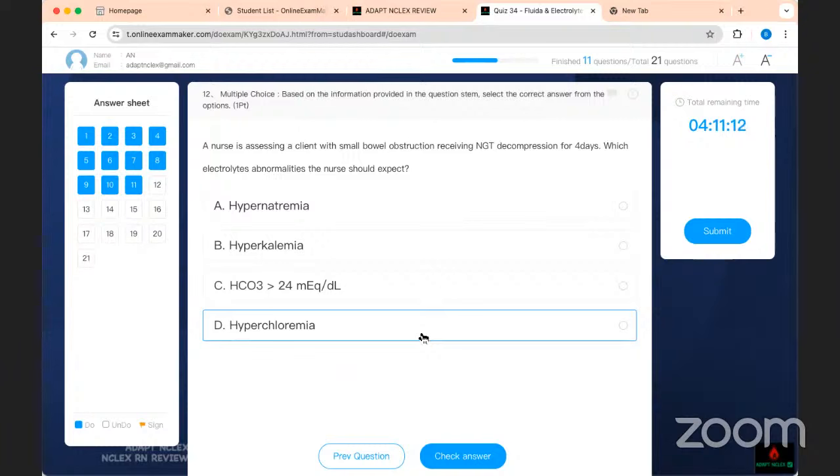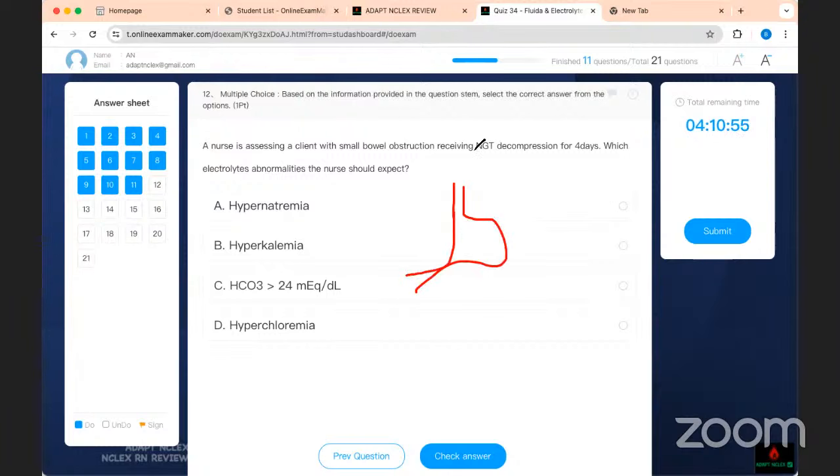And this is assessing a client with small bowel obstruction receiving NG tube decompression for 4 days. Which electrolyte abnormality should the nurse expect? This one, everybody is supposed to know. If you don't know, it's okay. When I put the NG tube in, there are certain things that happen.